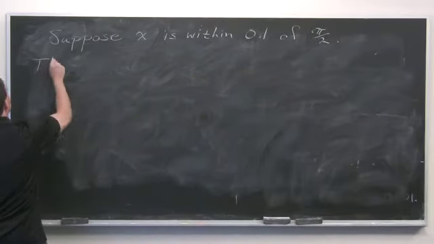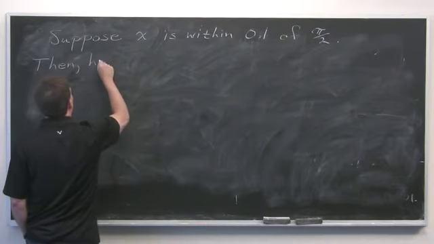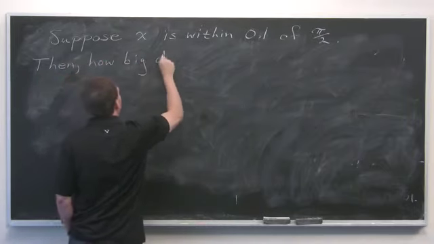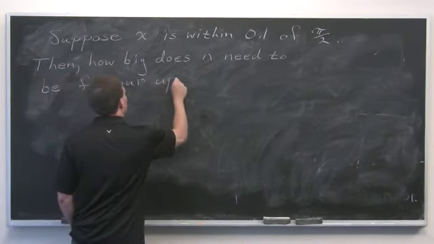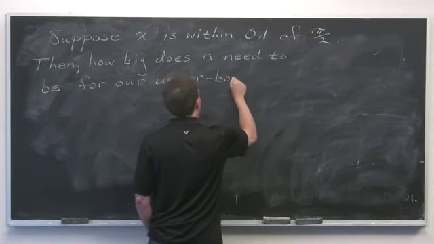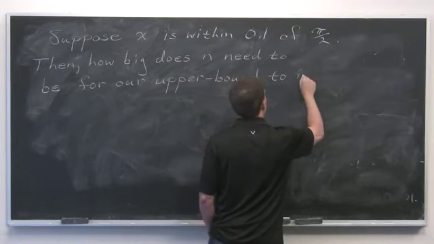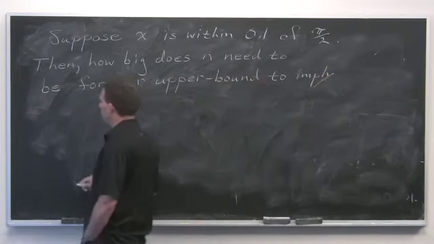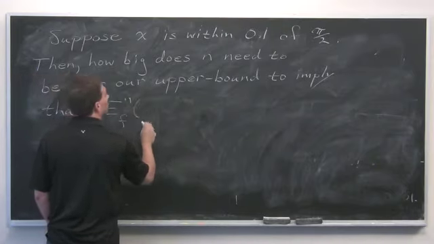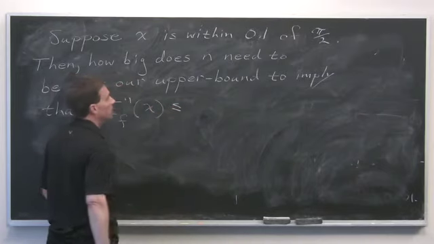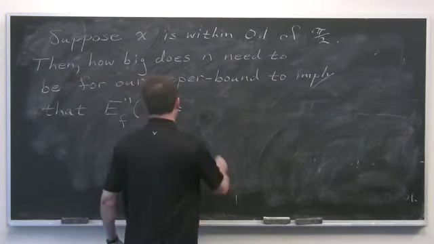Then how big does n need to be for our upper bound to imply that the error E_n of f at x is less than, okay, what's reasonable? Oh, let's say 1,000th again.